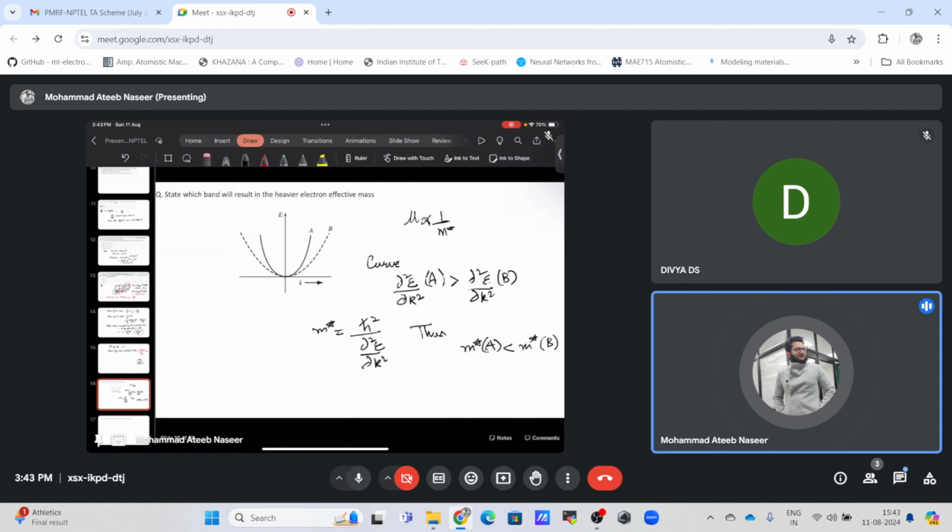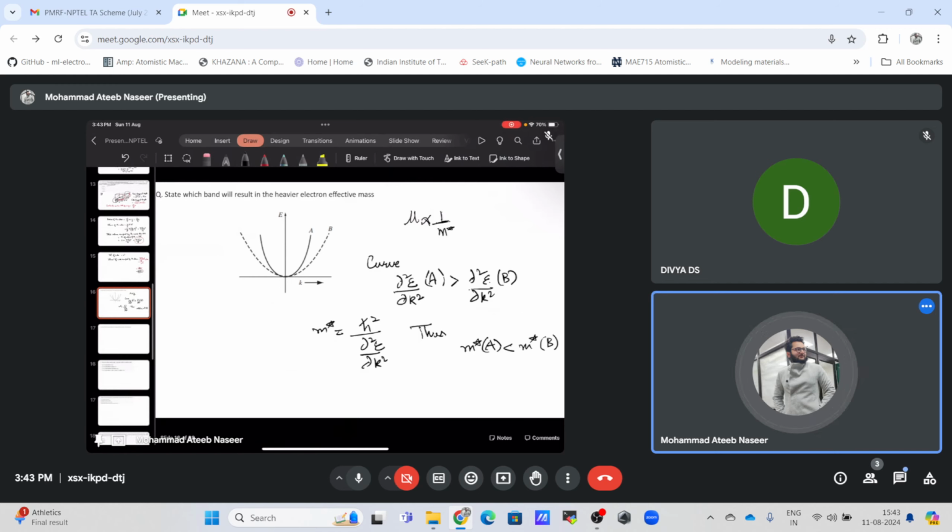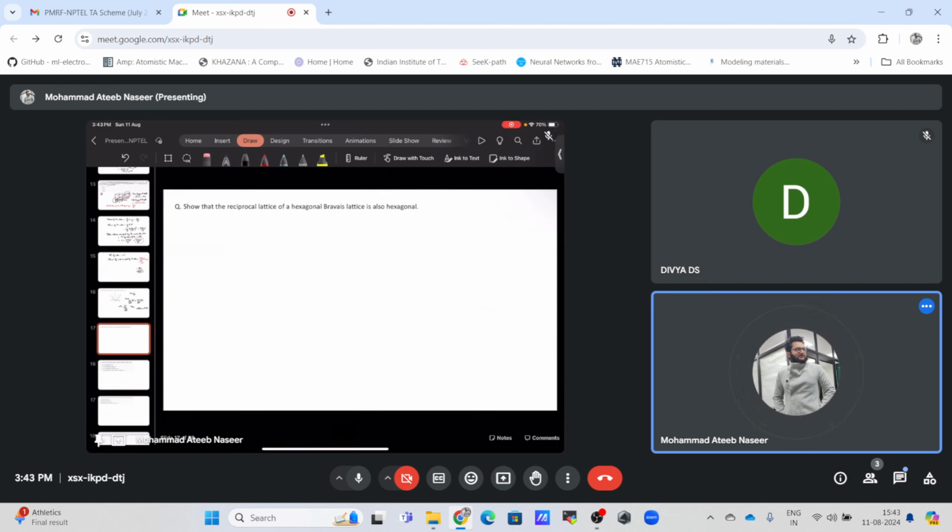Now it is in a different valley, it has a different energy, and a different curvature, and because of that curvature we will be having different effective mass, and as a result different velocity, different mobility.